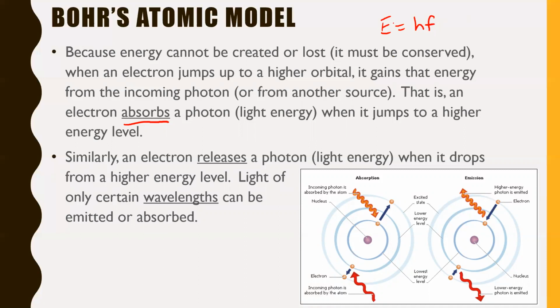The energy of a photon is that h constant times the frequency of that photon. So if it released a lot of energy, you would have a very high energy photon, maybe something like a gamma ray or an X-ray. It's possible, right? Again, light of only certain wavelengths can be emitted or absorbed. It has to match that energy difference more or less, right?